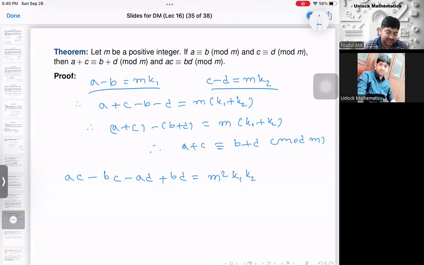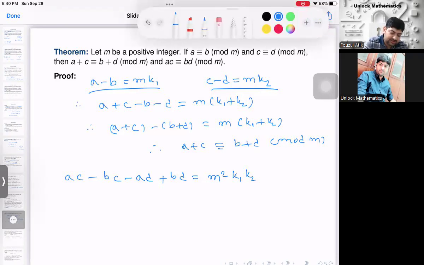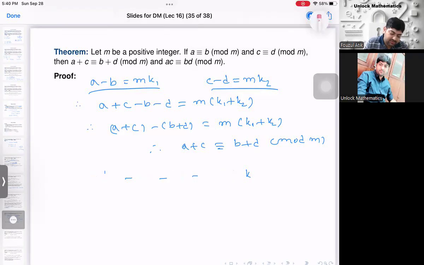You have to prove that AC is congruent to BD mod m. Okay, just a minute. Now what we'll do, not in this way, I will just do it from the previous equation.